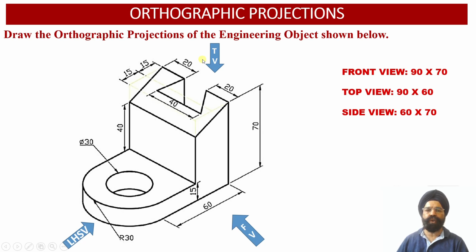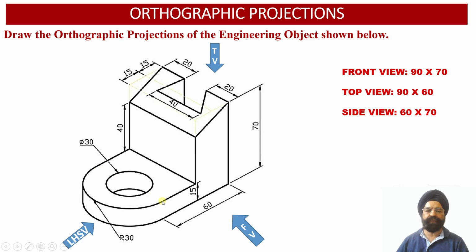Now when we look at the solid from the top view orientation, we observe that once again the width of the solid will be equal to 90 millimeter, while the depth of the solid will be equal to 60 millimeter. Here we have been provided with the information that the radius of the semicircular arc happens to be equal to 30 millimeter.